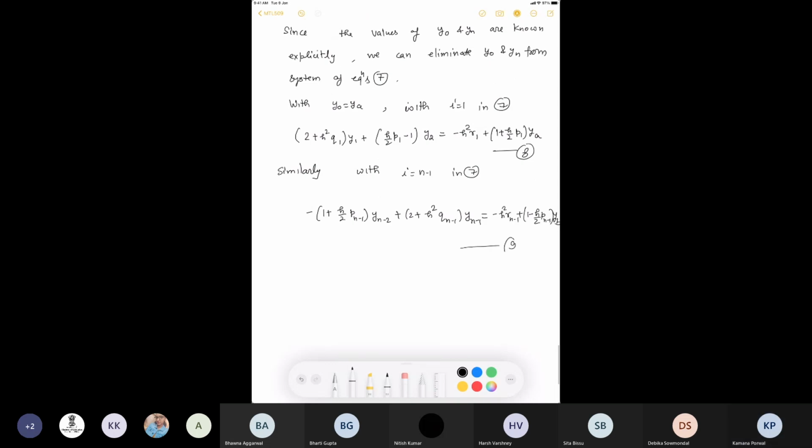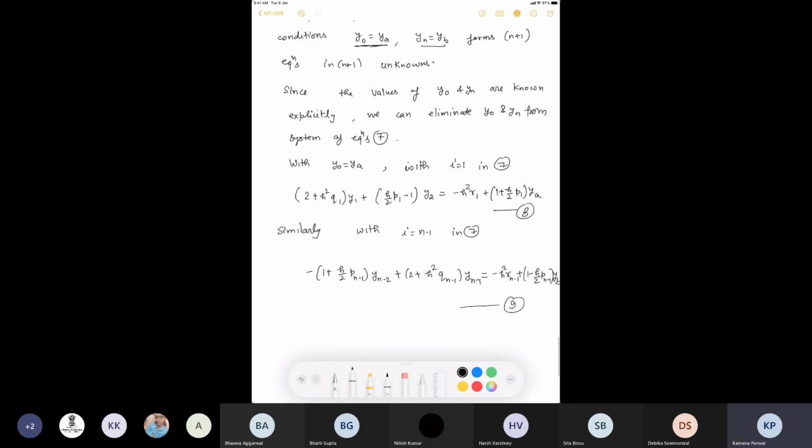Okay, so the first and last equations will be reduced to these 8 and 9 in the system 7.